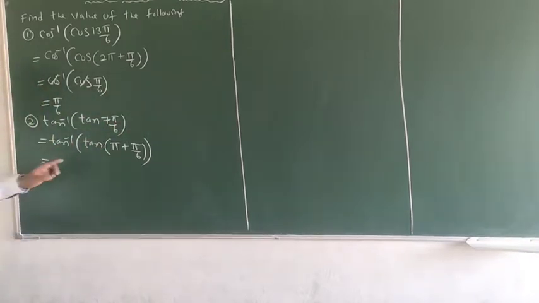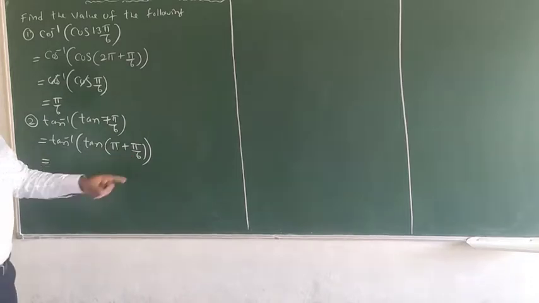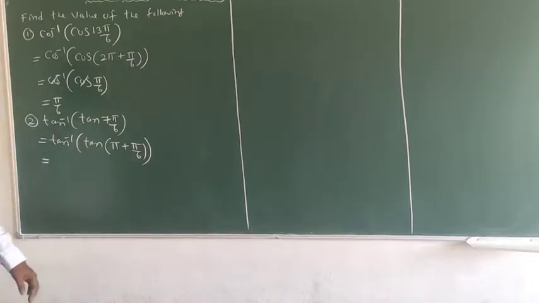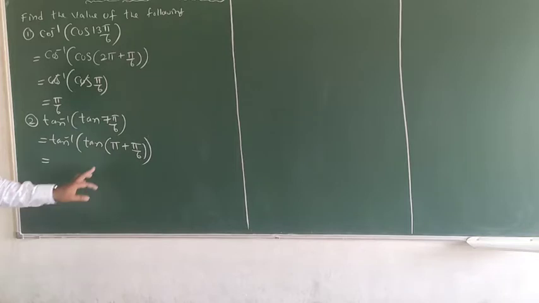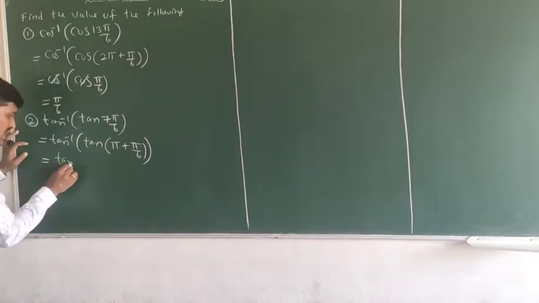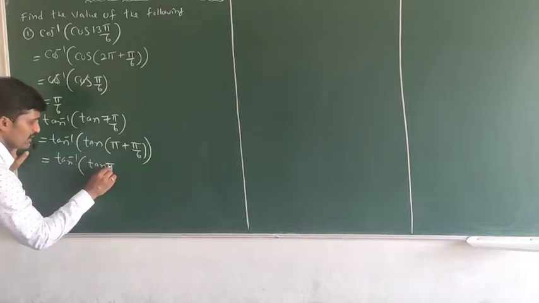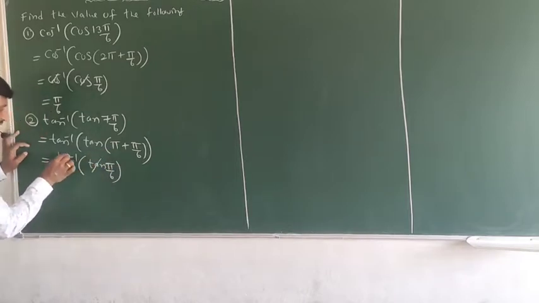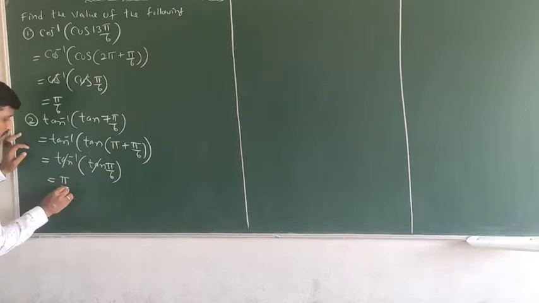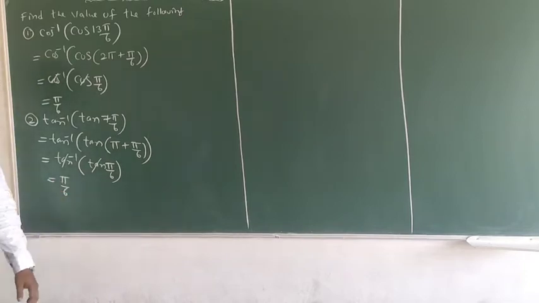Again pi plus theta, which quadrant? Third quadrant. In the third quadrant, tan is positive, and for pi angle, the function does not change. So here tan inverse of tan of pi plus pi by 6, you get again tan pi by 6 only. Now tan inverse cancels. And what is the value? Pi by 6.